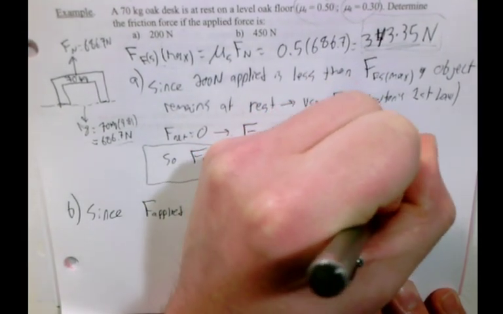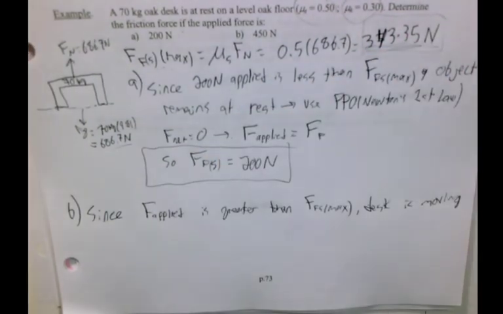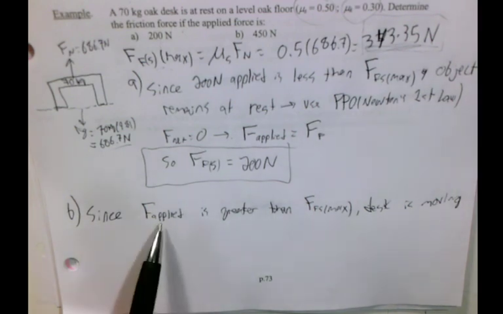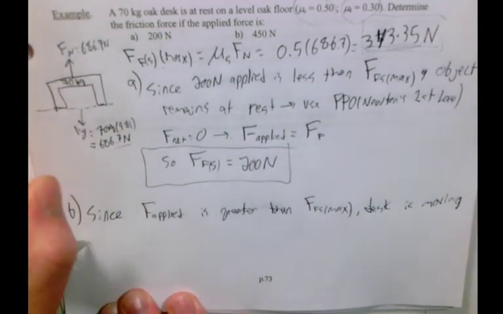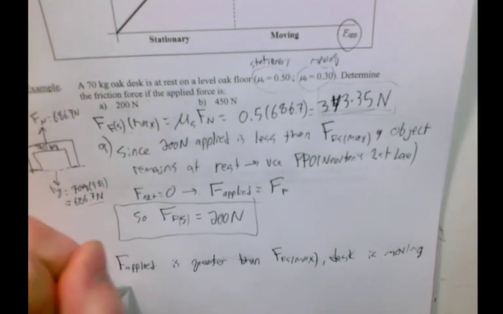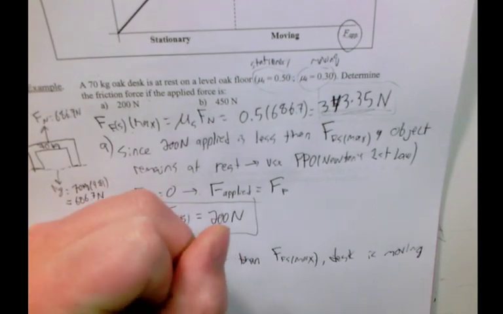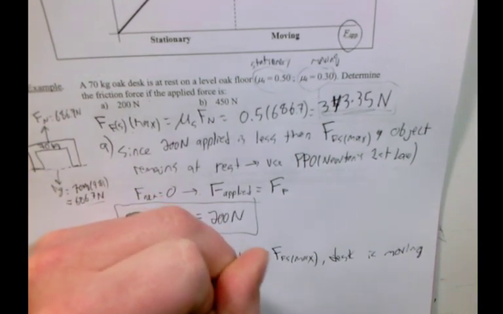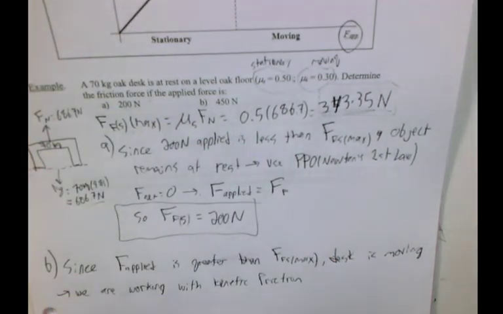Our desk is moving. So we have a greater applied force than that max static friction force. Our desk is moving. And we are working with our kinetic friction. So with kinetic friction, it'll be constant as long as it keeps moving.